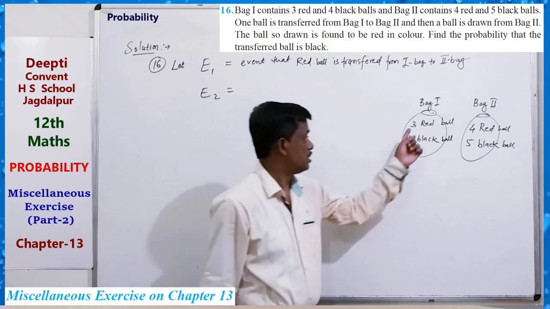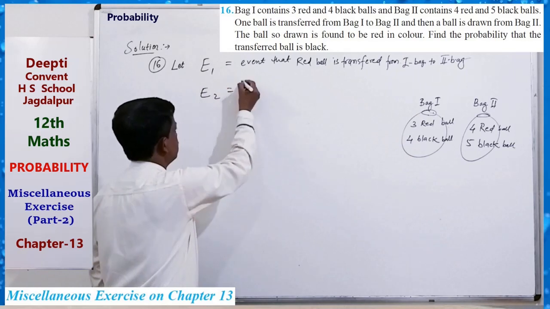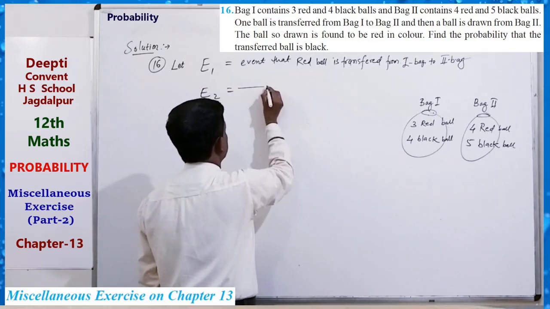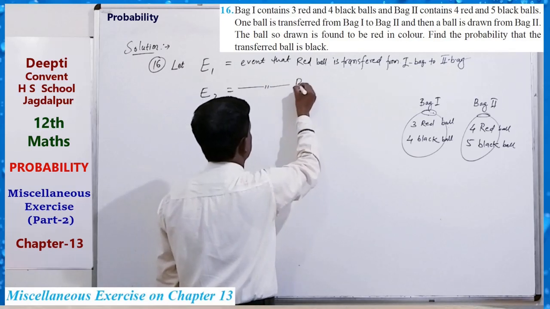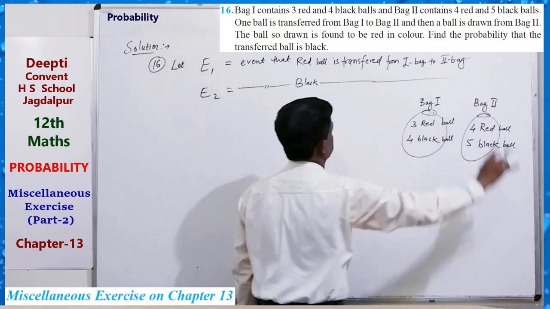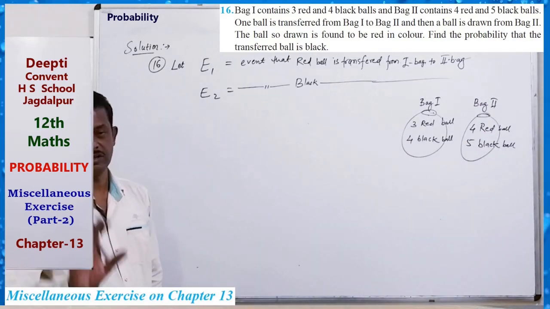We may transfer a red ball or a black ball. Suppose red ball transferring is event E1, and black ball transferring is event E2. Okay, these are two events.